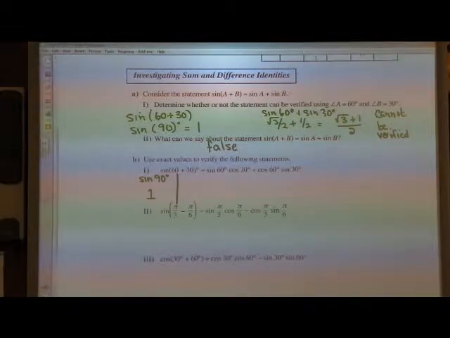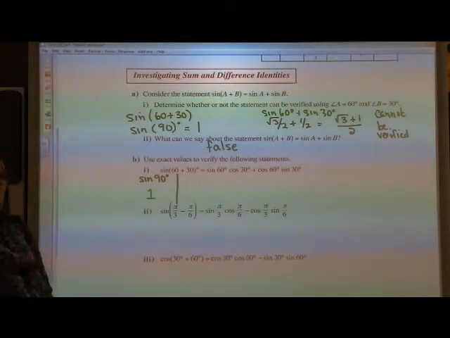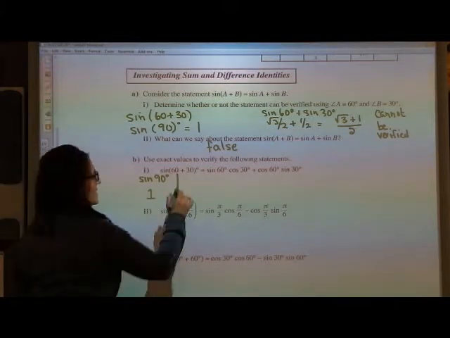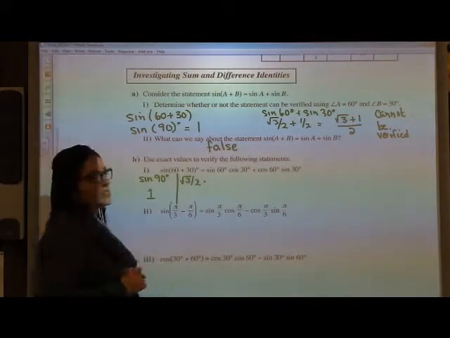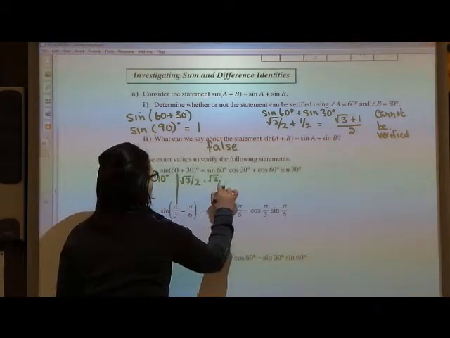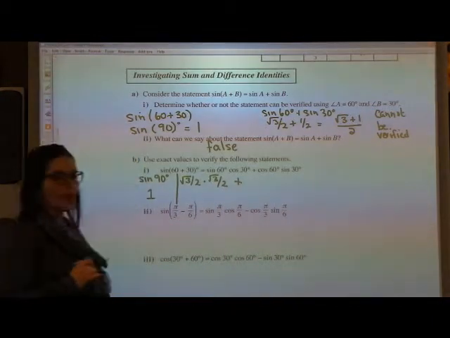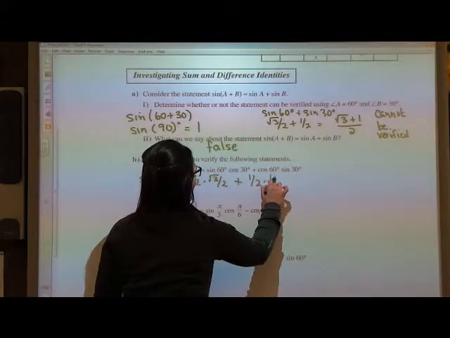Then on the right-hand side, I've got sine 60 cos 30 plus cos 60 sine 30. So sine 60 is root 3 over 2. Cos 30 is also root 3 over 2. Cos 60 is 1/2, and sine 30 is 1/2.